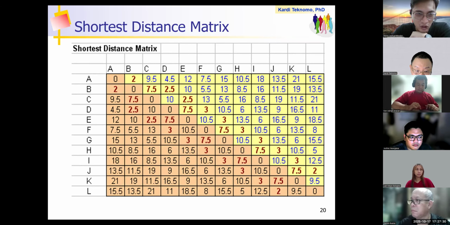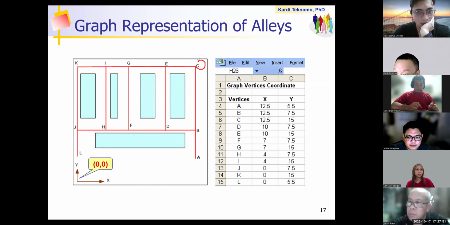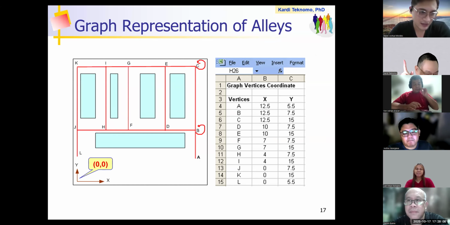Okay, I will draw. Wait. The self loop is something like this. In itself, that means from here you can go here in its loop, right? Meaning from B, you can go back to B. You can turn around in the same place. At every corner, you can just go around in the same corner. That means self loop.